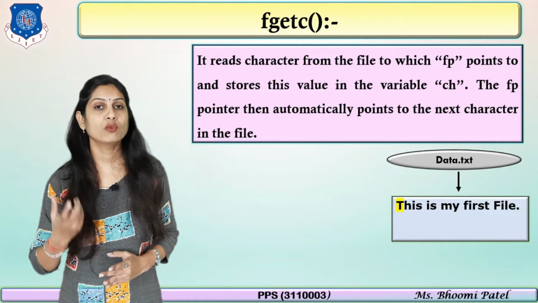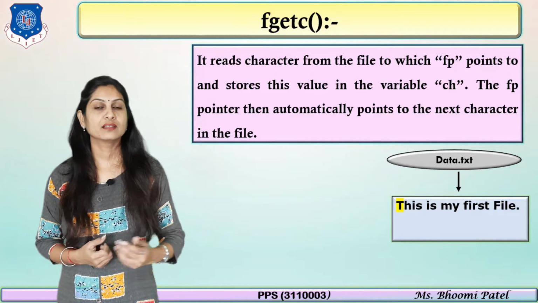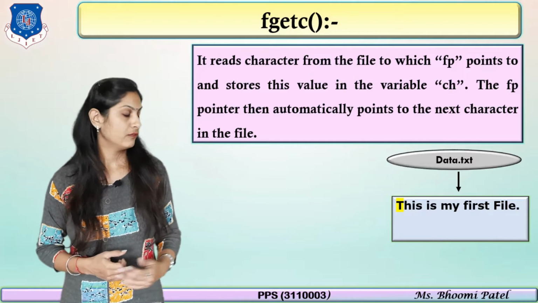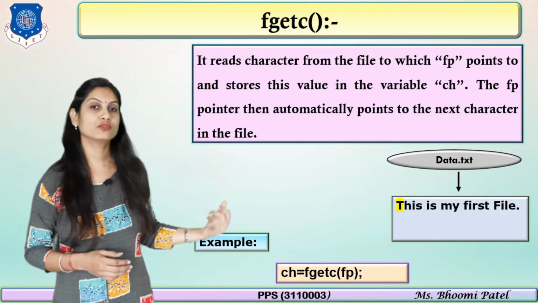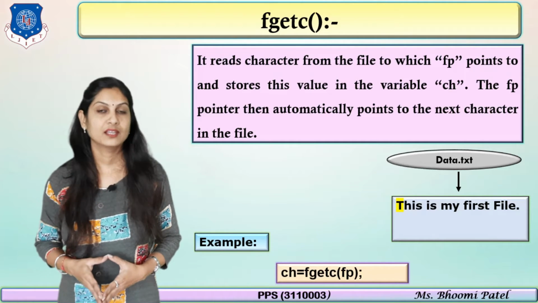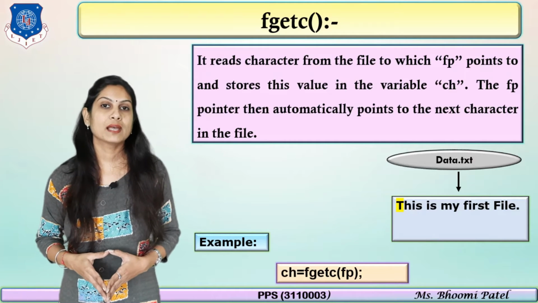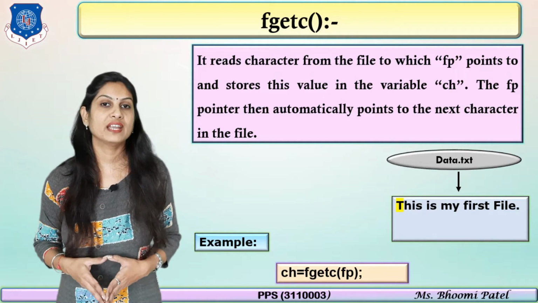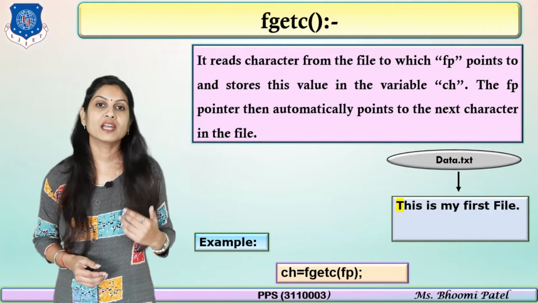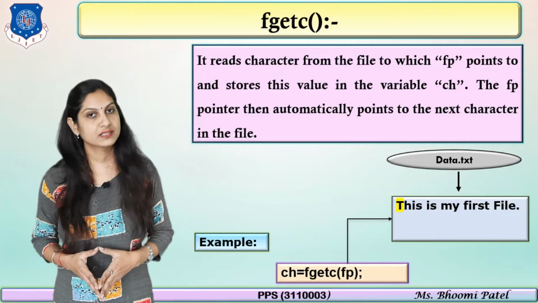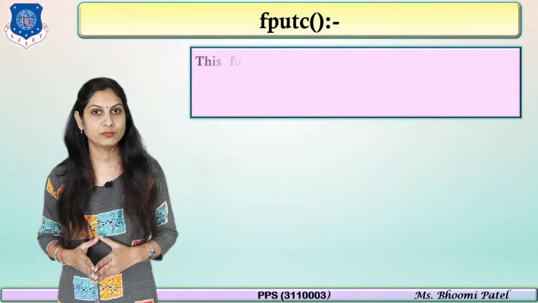This data we have to read using getc. To get the single character of that file we write ch equals getc, and put the file pointer name, suppose fp. So the first character of data.txt, that is t, will be read from that file and stored in the variable ch.